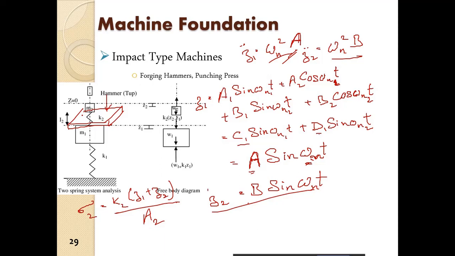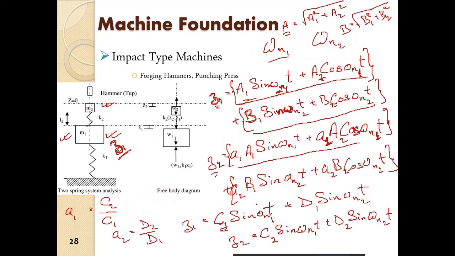Since it is M2, we can say the area of the pad is A2. So that is the 2 degrees of freedom analysis.